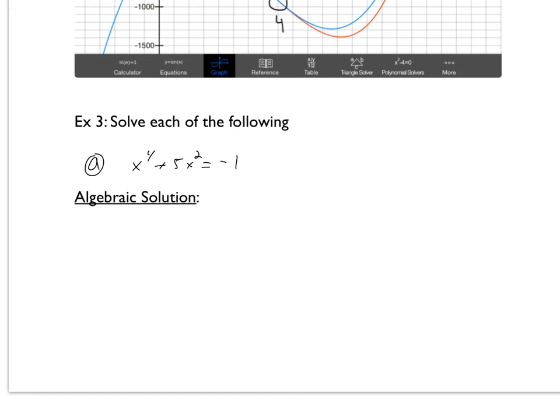So we can bring everything to one side. So x to the power of 4 plus 5x squared plus 1. And if we try to find something that makes this equal to 0, we can't. So there are no solutions here.